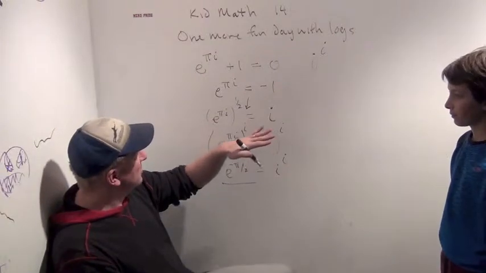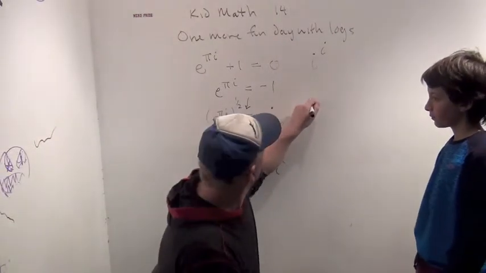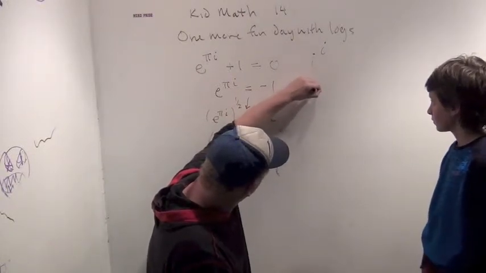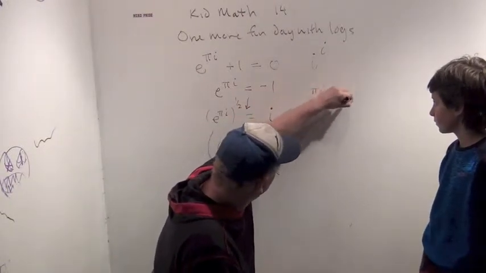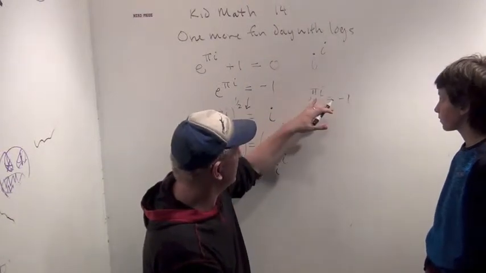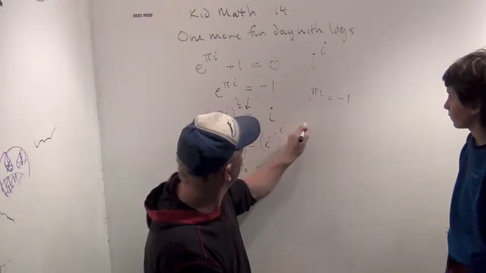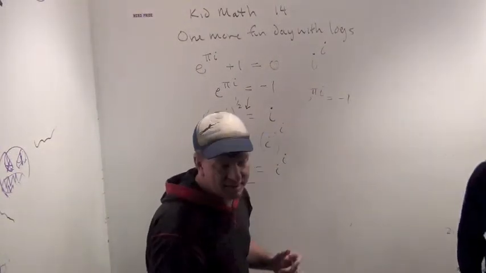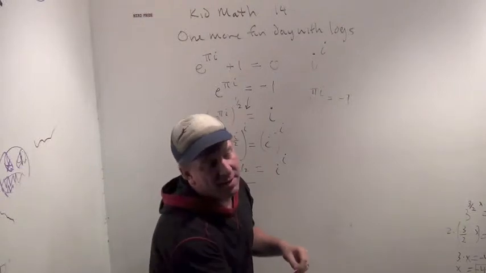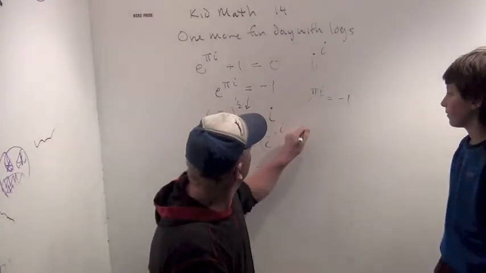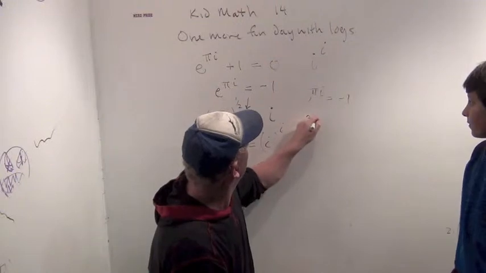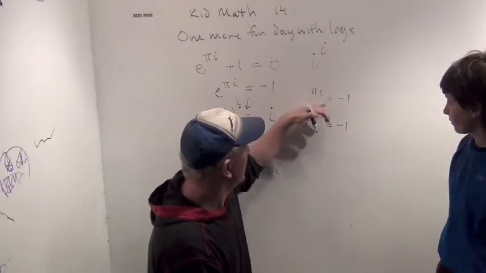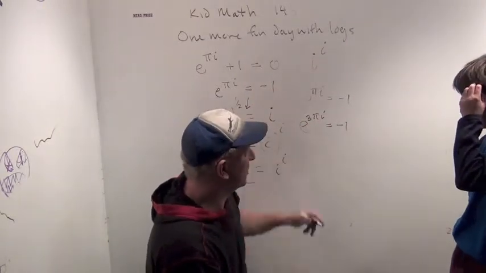Remember I told you yesterday this weird equation, e to the pi i equals minus 1. When we cube both sides, I get e to the 3 pi i also equals negative 1, because negative 1 cubed is negative 1, and this cubed is just multiplying the power by 3.